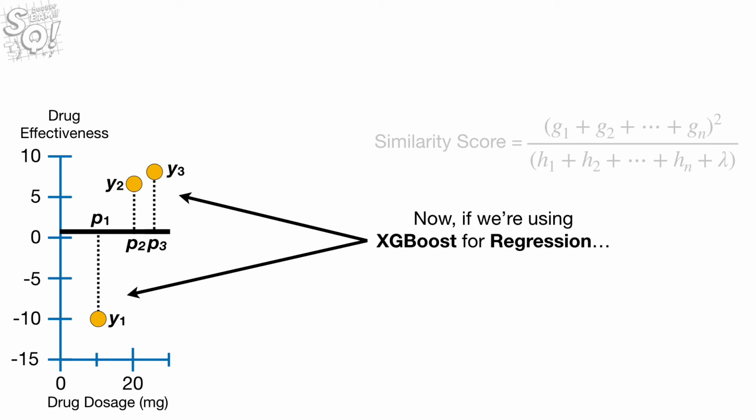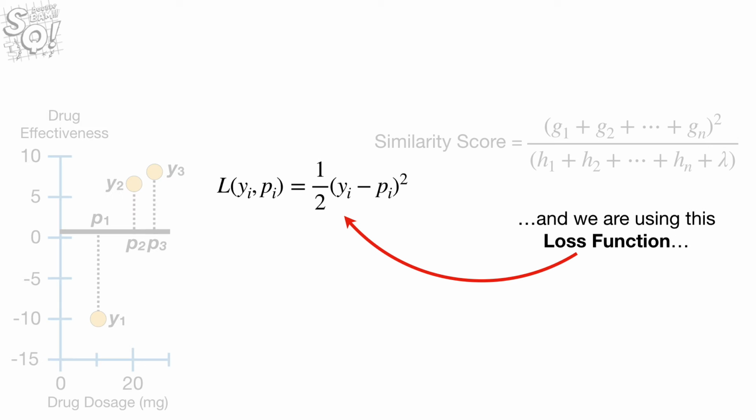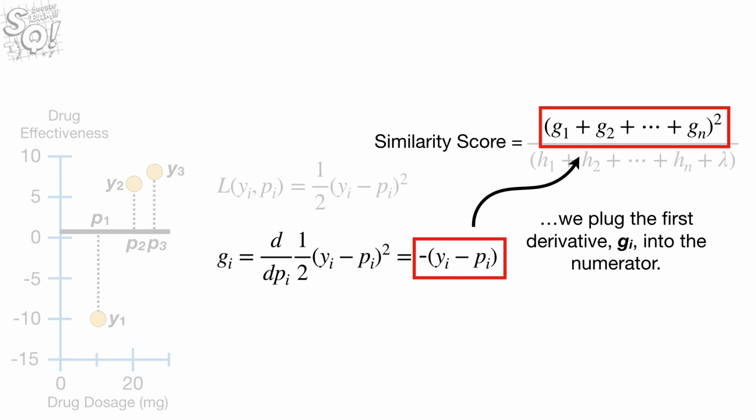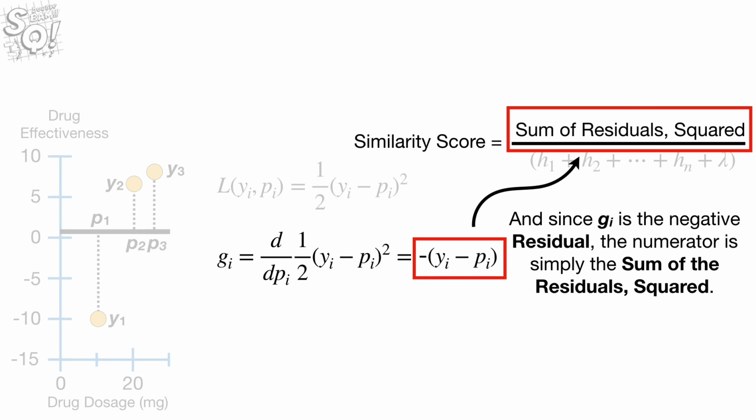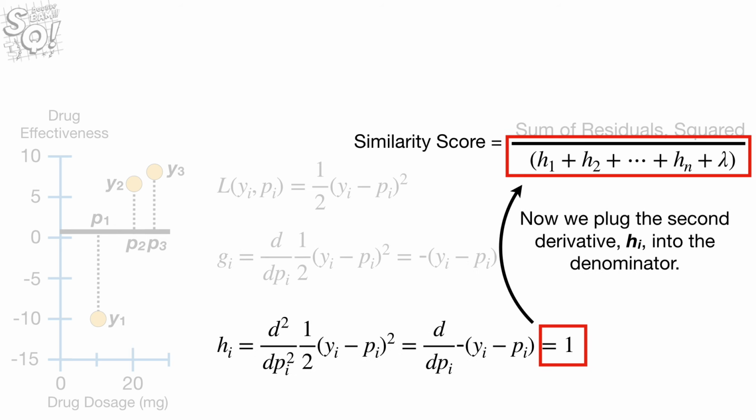Now, if we're using XGBoost for regression, and we're using this loss function, we plug the first derivative, g sub i, into the numerator. And since g sub i is the negative residual, the numerator is simply the sum of the residuals squared. Now we plug the second derivative, h sub i, into the denominator.